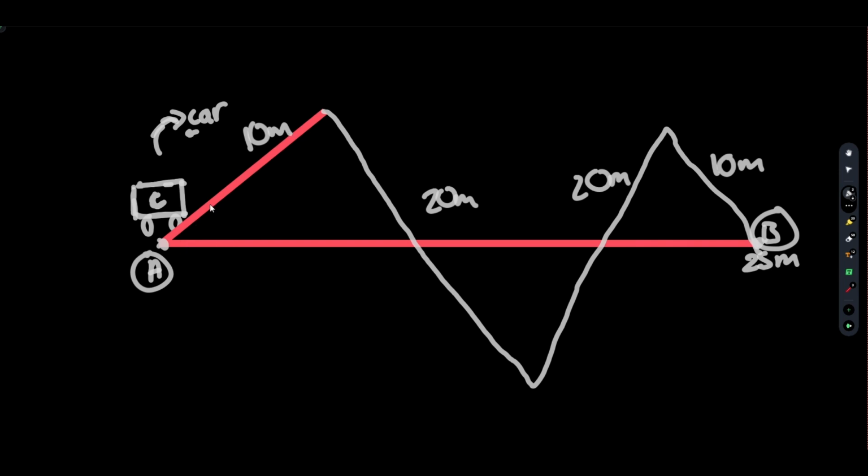So the total distance traveled by this car is 10 plus 20 plus 20 plus 10. So 20 plus 20 is 40, 10 plus 10 is 20, so 40 plus 20 is 60. The distance traveled by this car is 60.